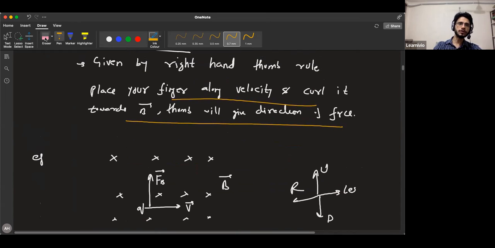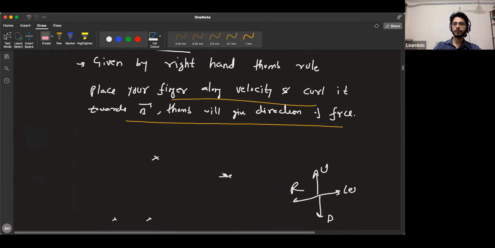But this direction is for a positively charged particle.